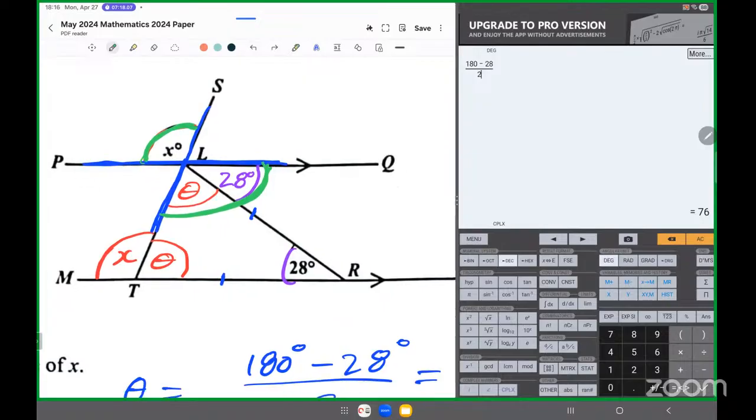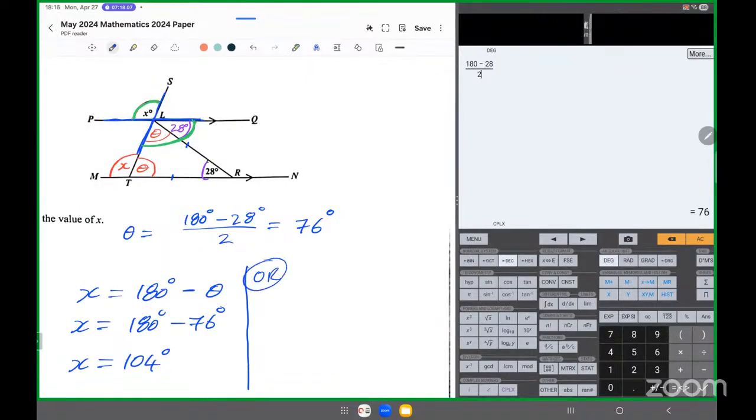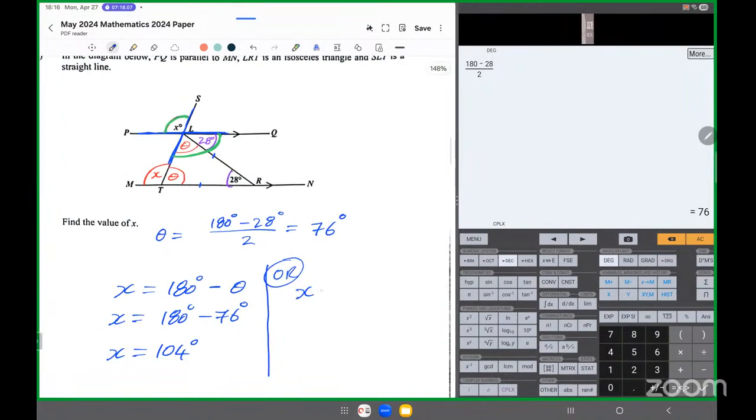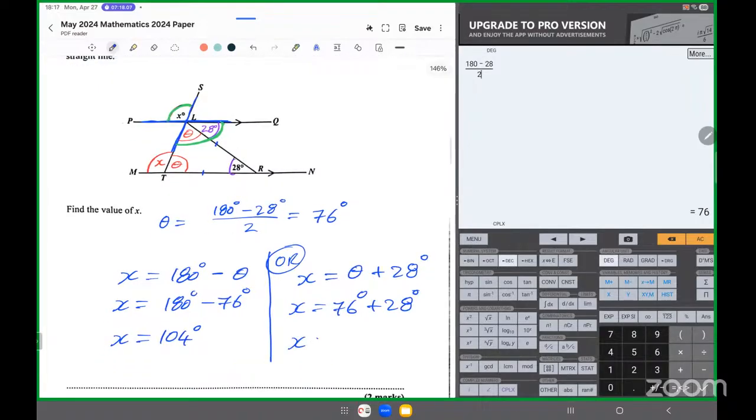So another way we could have done it, we could have said x is equal to theta plus 28 degrees. So the x would be 76 plus 28. Get the same thing. X equals 104 degrees.